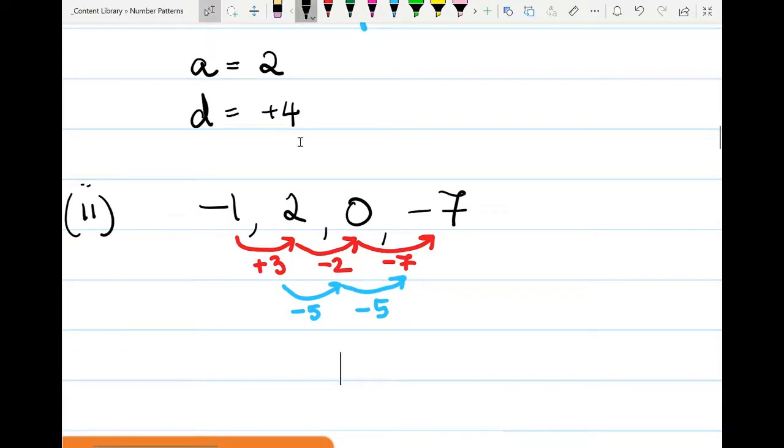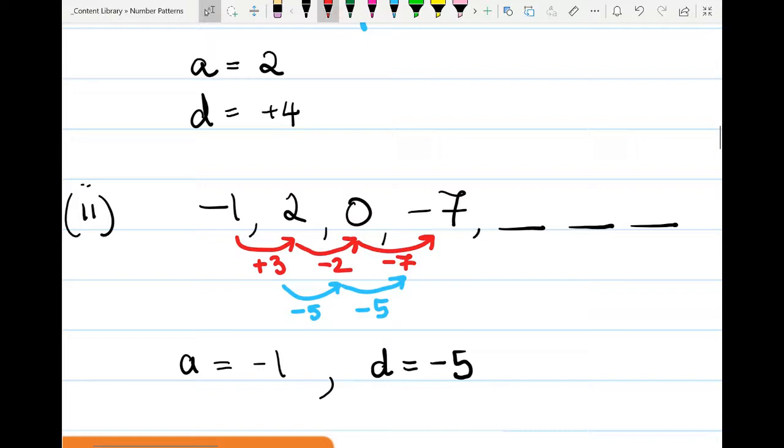So what's the start term here? The start term, often called A, is minus 1. And the second difference is -5. And now we need to continue our pattern to find the next 3 terms.